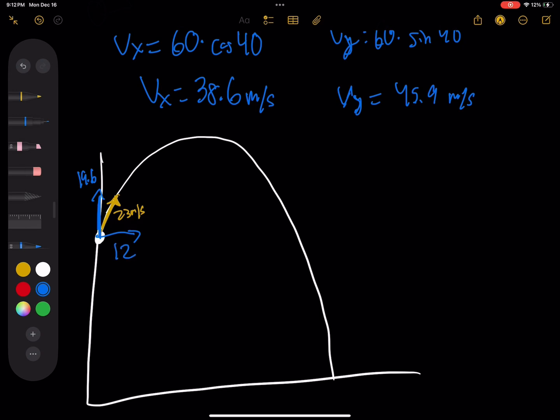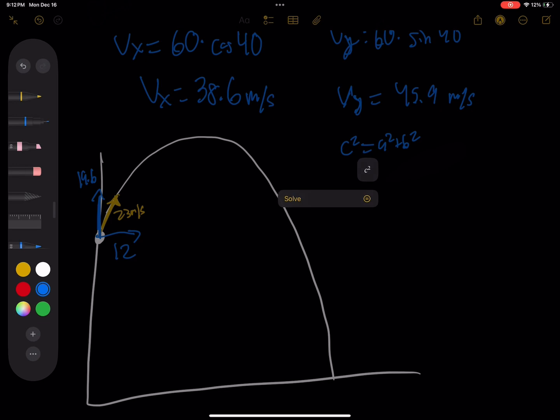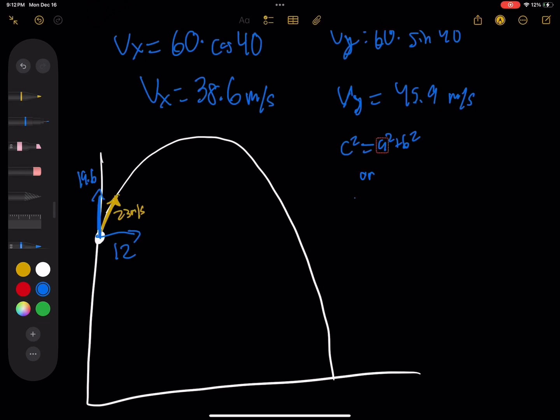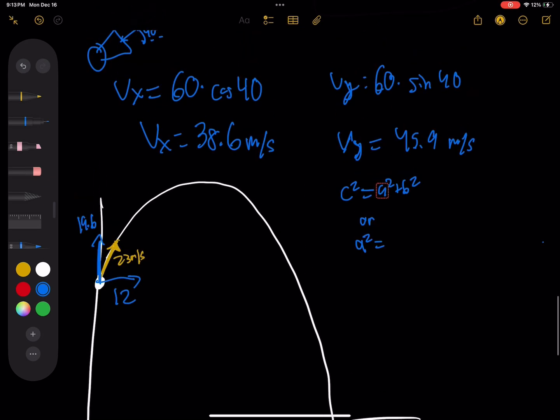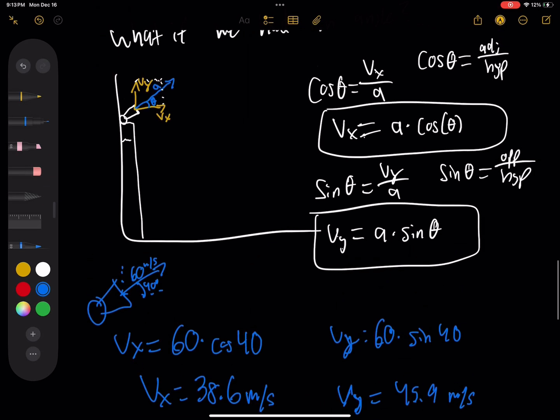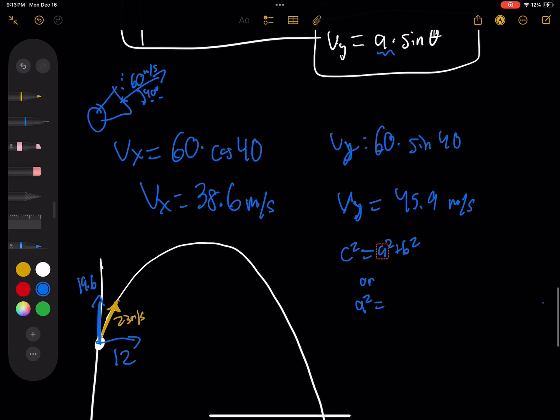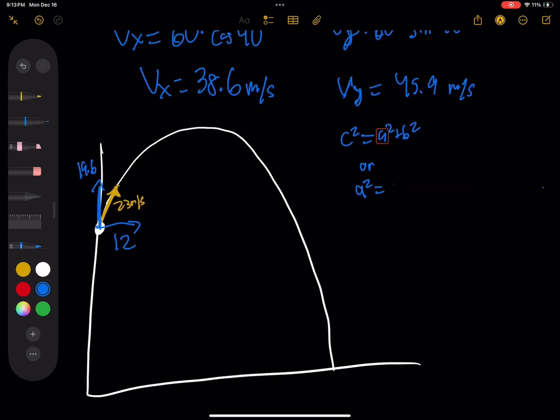which, by the way, if they only give you the components, you can use hypotenuse squared is equal to a squared plus b squared, or if we're using the early example, you can use a squared is equal to, which we're defining a is that thing right there, is equal to x squared plus y squared.